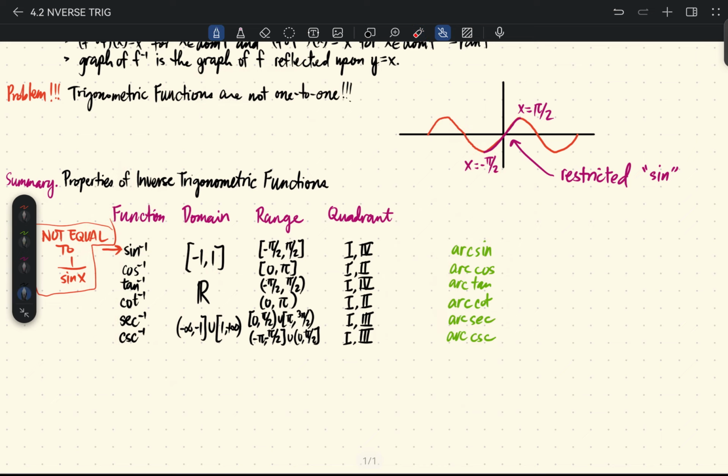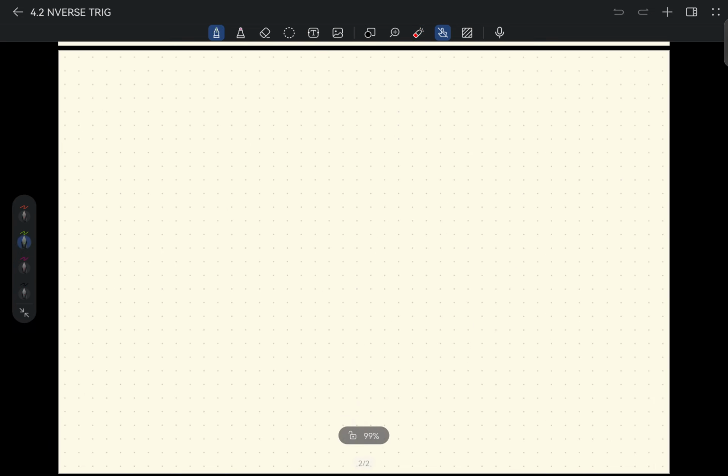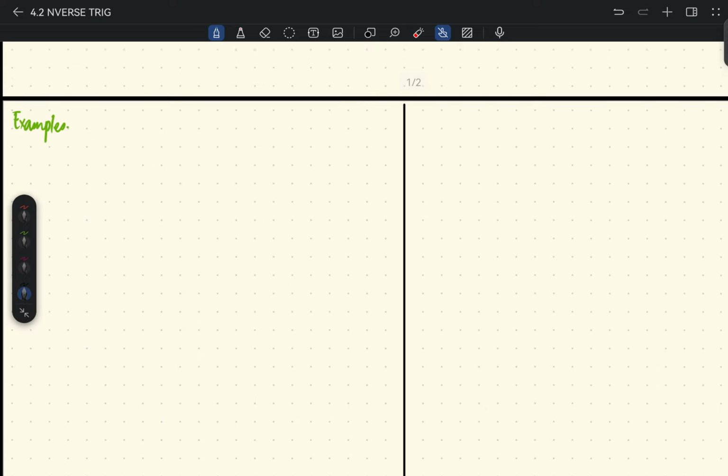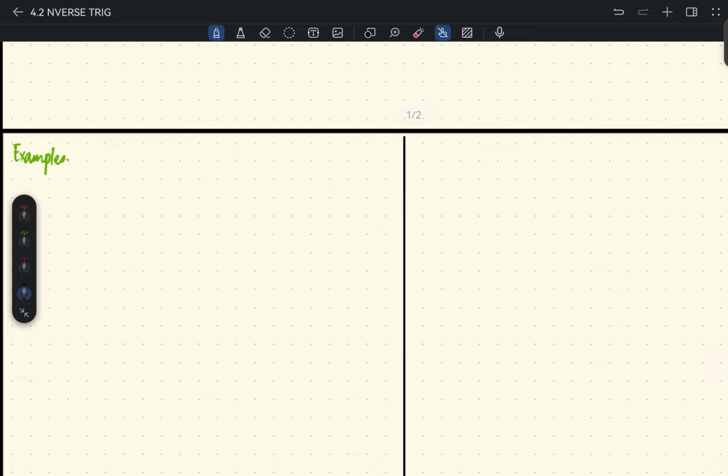So let's have some examples. What we will just do today is evaluate expressions involving inverse trigonometric functions.